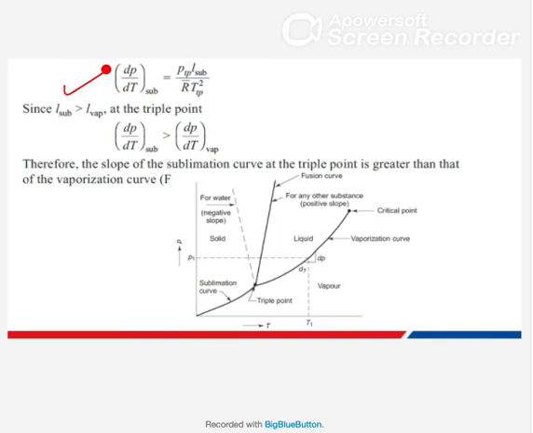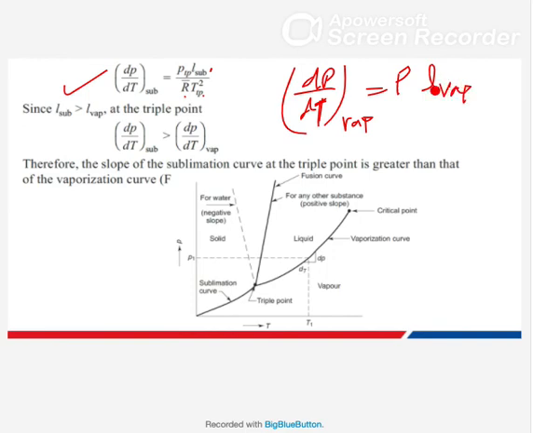So for sublimation, the slope dp by dt sublimation, we can write P L sublimation, heat of sublimation, by R T square. Similarly, you can write for vaporization, pressure at triple point multiplied by L of vaporization divided by R T square.